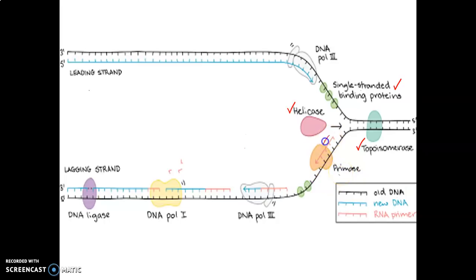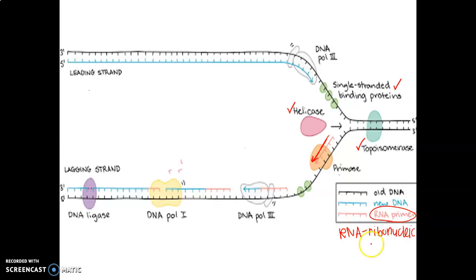That's what this red line is showing you right here. It's an RNA primer. RNA primers are basically the cousin to DNA. RNA is ribonucleic acid. I know we haven't talked about him yet.